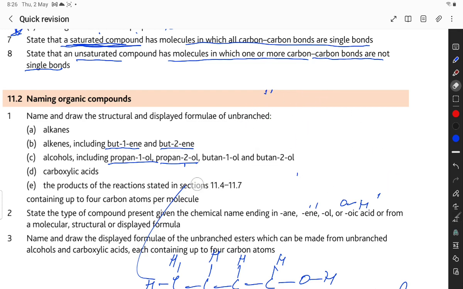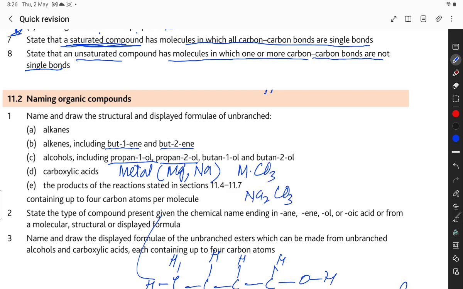Now, carboxylic acids, the products of the reactions stated in section 14, the reaction with a metal like magnesium, calcium, sodium, or a metal carbonate like sodium carbonate, plus carboxylic acid, CH3COOH.